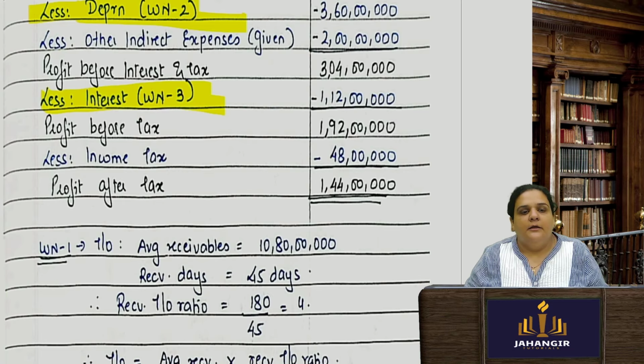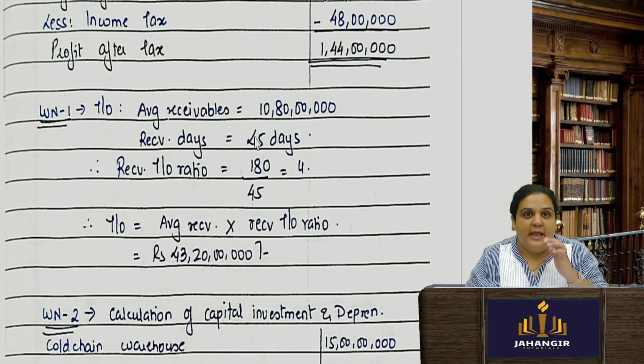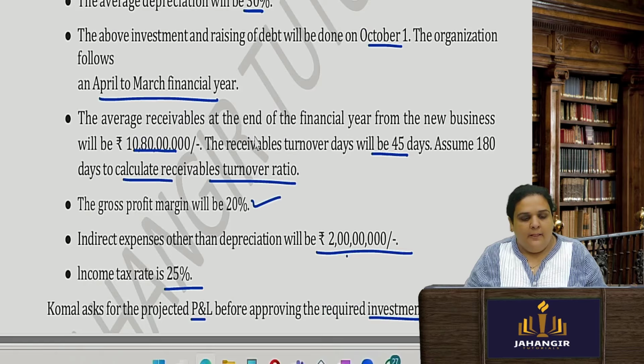Alright. Now how will I find my turnover? They have given me average receivables. See, they have told me that average receivables for this new business unit is 10 crore 80 lakhs, and the receivables turnover days is 45 days, and they have assumed 180 days to calculate this.